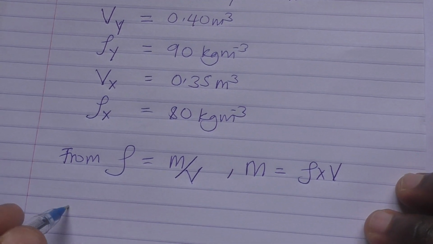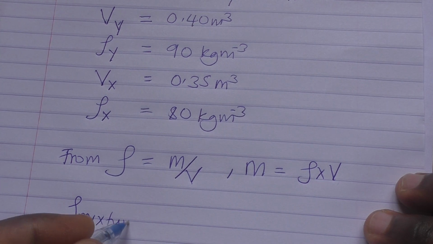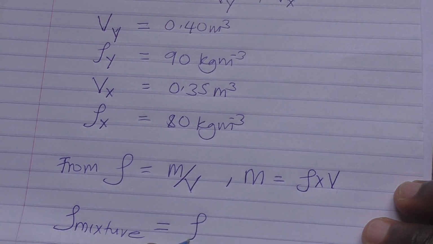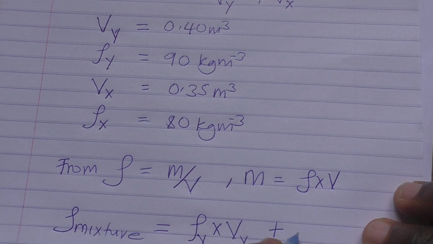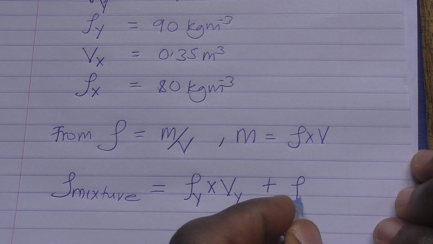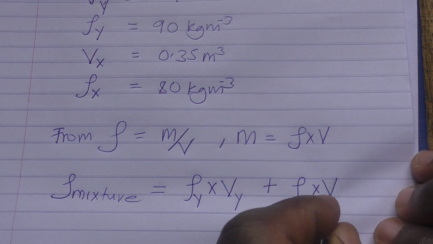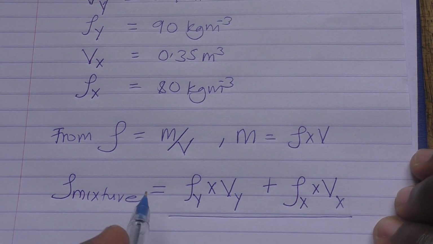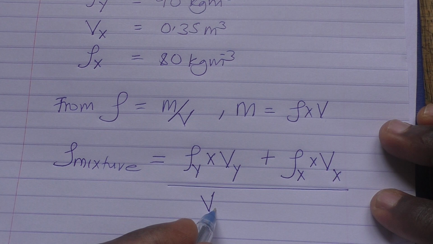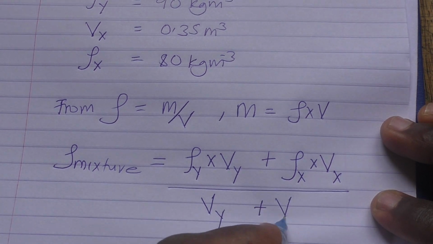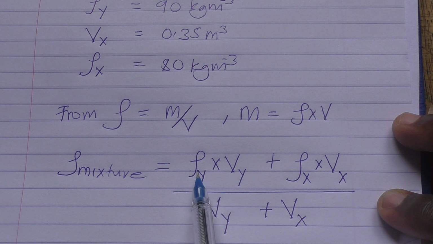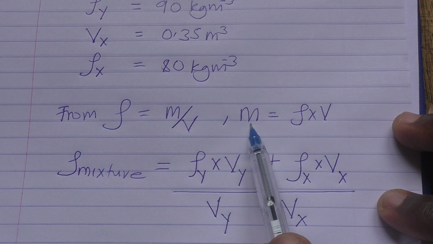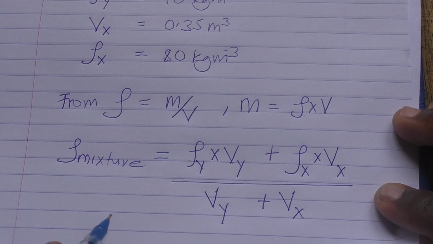And therefore, density of the mixture will be density of Y times volume of Y plus density of X times volume of X, over volume of Y plus volume of X. So since we are not given the masses, we are substituting with density times volume, since density times volume gives us mass.